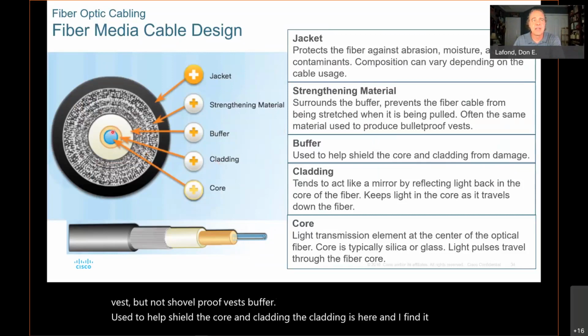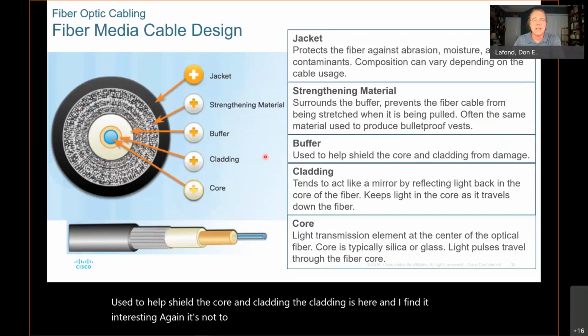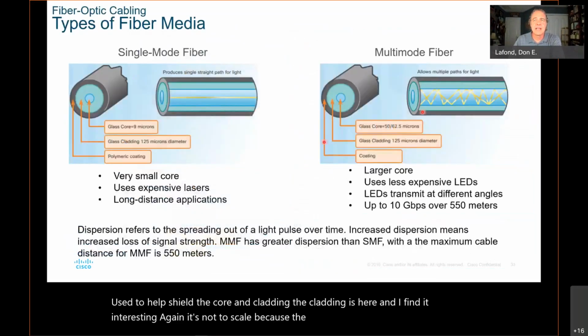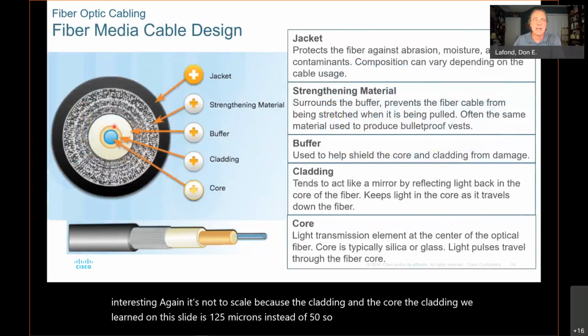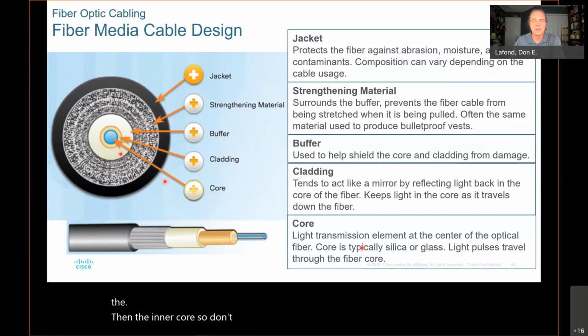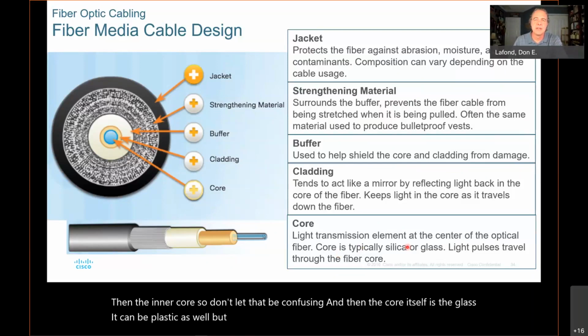Again, it's not to scale, because the cladding we learned on this slide is 125 microns instead of 50. So that cladding is thicker than the inner core. So don't let that be confusing. And then the core itself is the glass. It can be plastic as well, but the glass transmits the light from one device to another.